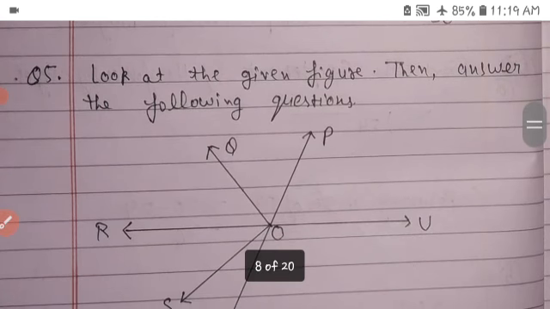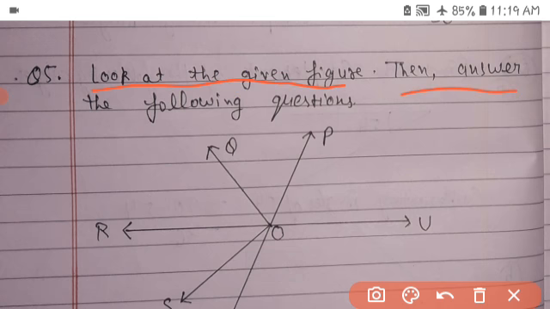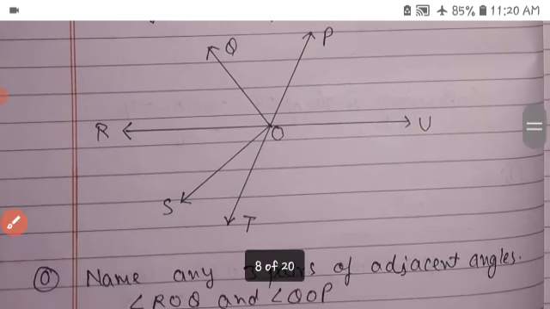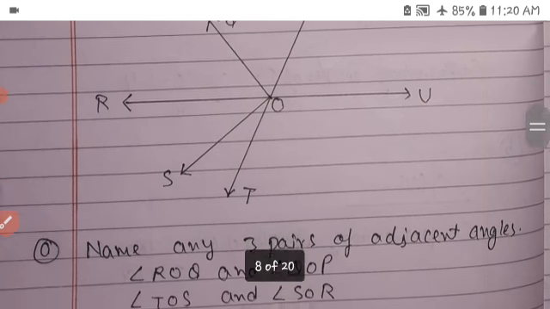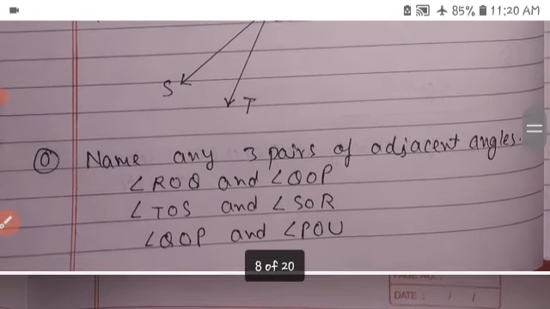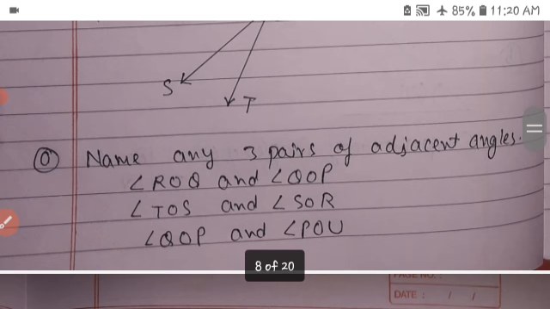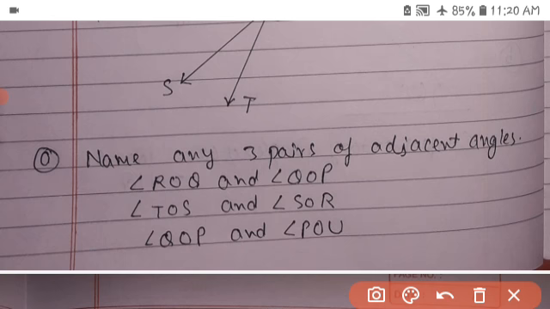Look at the figure and answer the following questions. First question: name any three pairs of adjacent angles. Three adjacent angles: ROQ and QOP, TOS and SOR, QOP and POU.